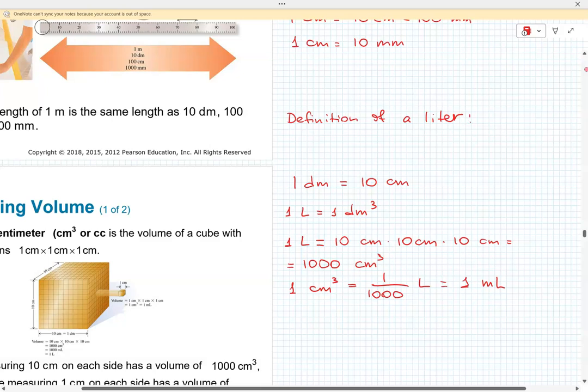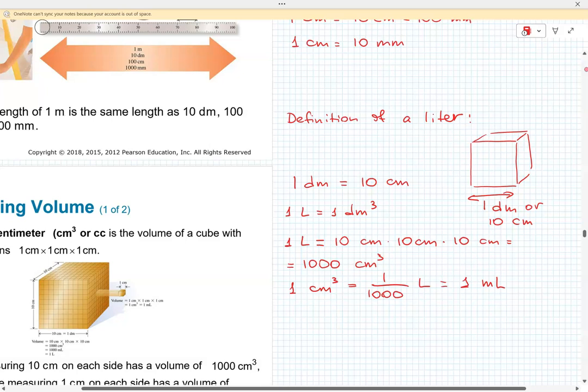I'm going to do it graphically, not by words. Liter is the volume of a cube with a side of 1 decimeter or 10 centimeters. Make sense? So, how do we calculate the volume?